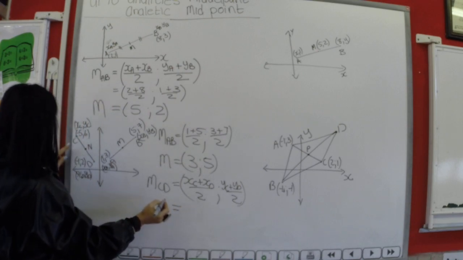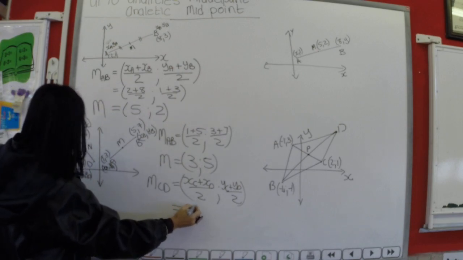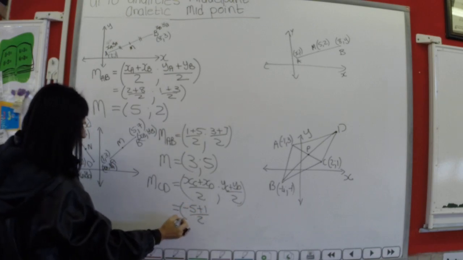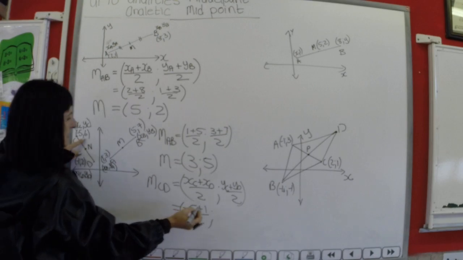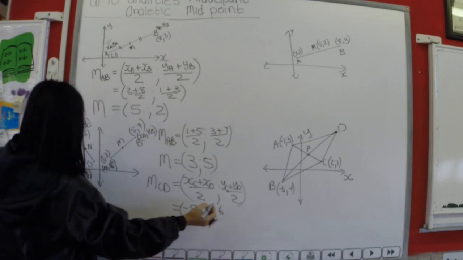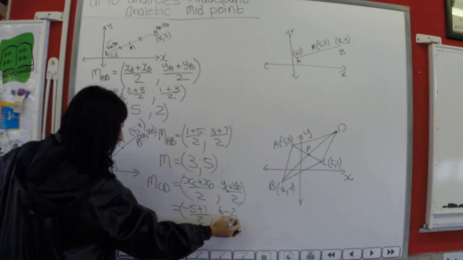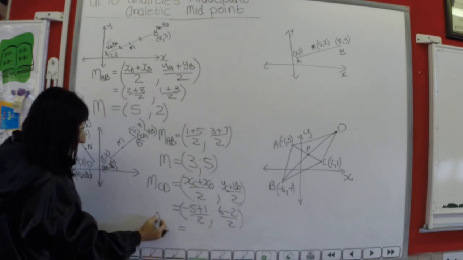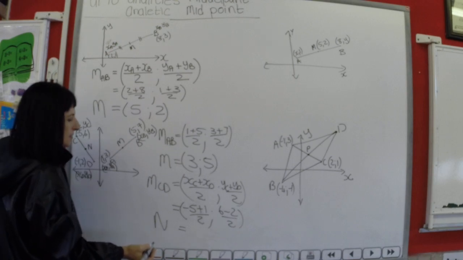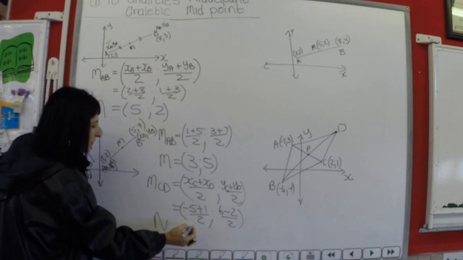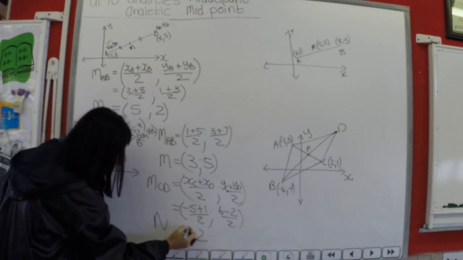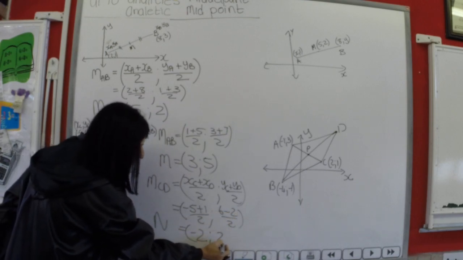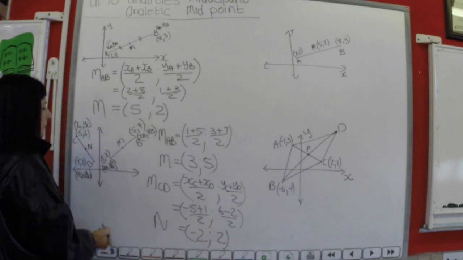So ek het XC, wat minus 5 is, minus 1 op 2, kommapunt, YC is 6, minus 2 op 2, and that's a Y coordinate. So that's now N. Minus 5 plus 1 is minus 4. Minus 4 divided by 2 gives you minus 2. 6 minus 2 is 4, gedeel deur 2 is 2. So dis die coördinaat van N.